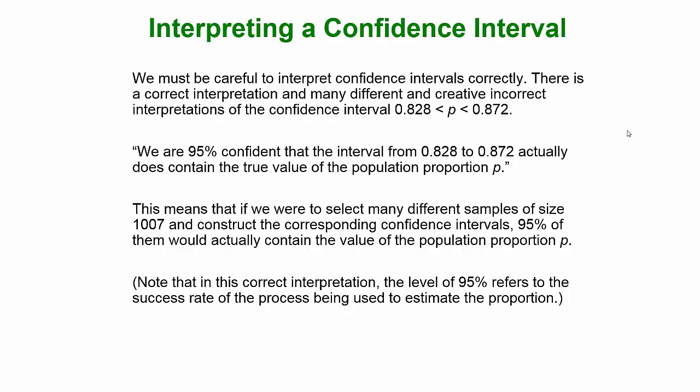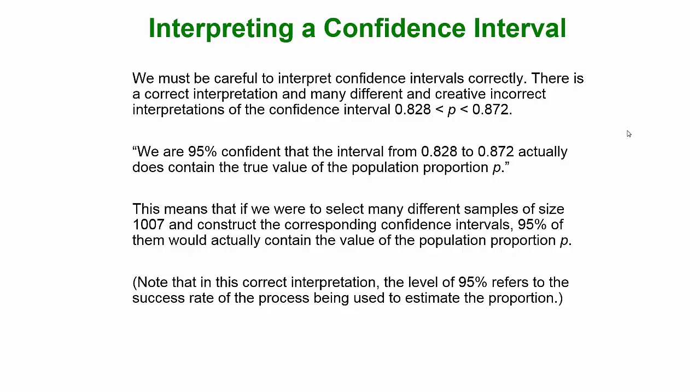We must be careful to interpret confidence intervals correctly. There is a correct interpretation and many different and creative incorrect interpretations of the confidence interval 0.828 < p < 0.872. We are 95% confident that the interval from 0.828 to 0.872 actually does contain the true value of the population proportion p.